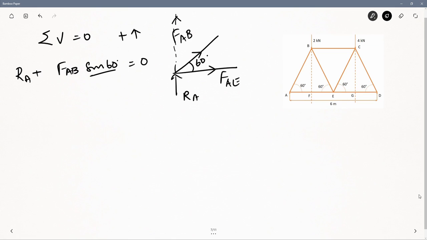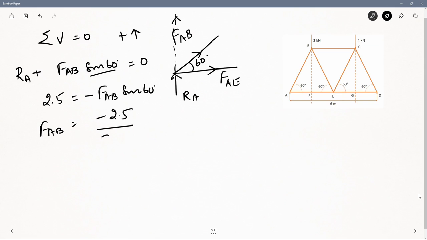RA has a value of 2.5 kilonewton. FAB is still an unknown, so minus FAB sine 60. FAB will be equal to minus 2.5 over sine 60, which is equivalent to 2.89 kilonewton.